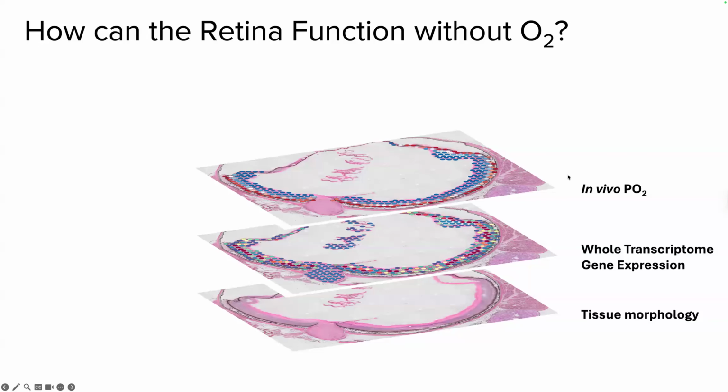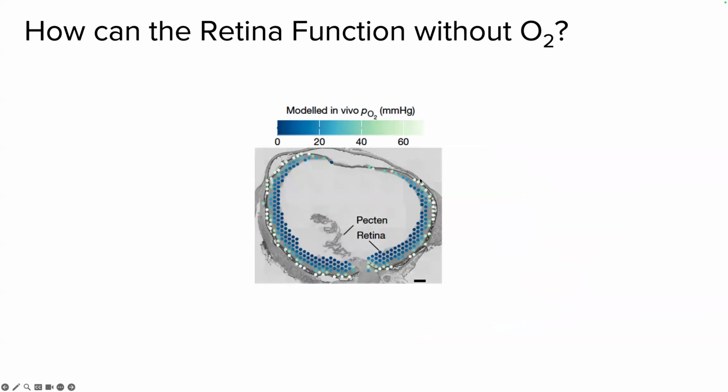When we link that to our in vivo data, because we know the oxygen level with respect to the choroid, we can get an intricate data set of in vivo PO2 and whole transcriptome gene expression that we map to tissue morphology. Then we started to ask questions about what the pathways for energy production are within these retinal neurons, and we wanted to compare this to the in vivo measured oxygen levels.